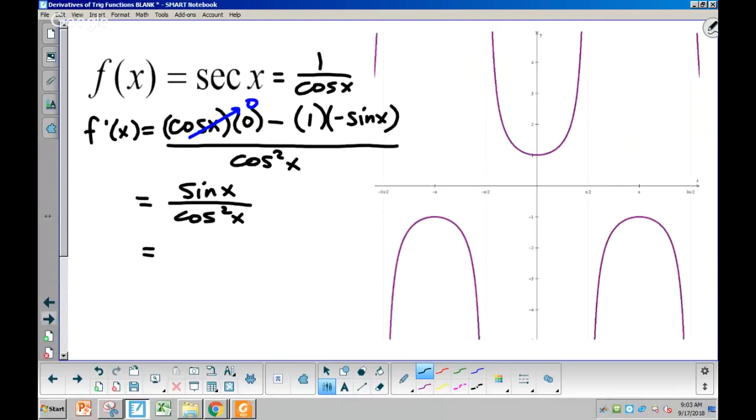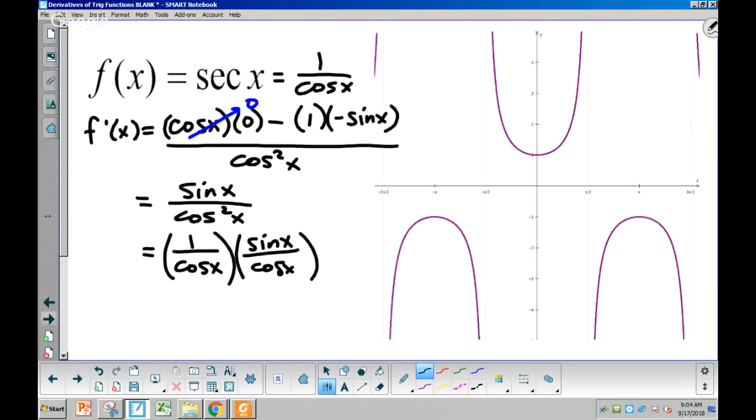Now nobody ever leaves it this way. What they do is they bust this up into 1 over cosine x times sine x over cosine x, which is what?